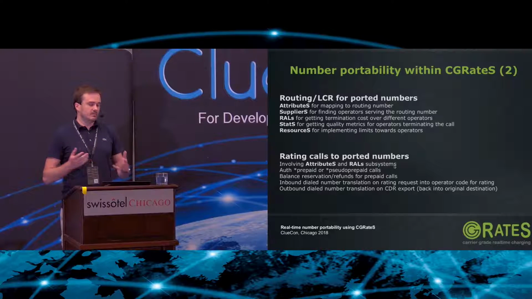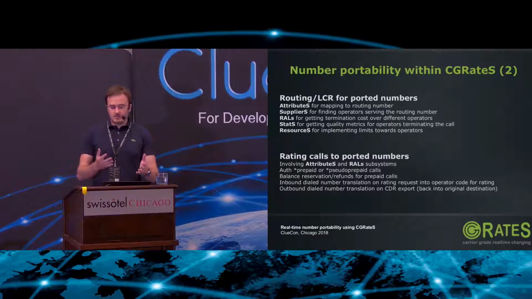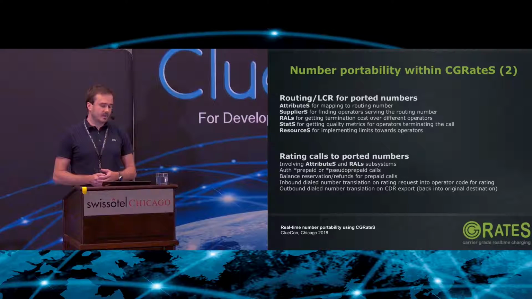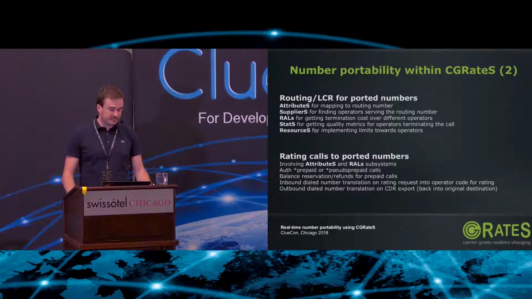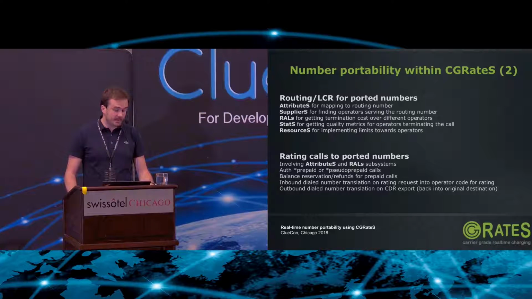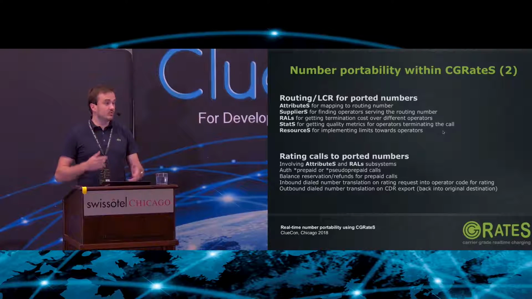In terms of how to, like a recipe, you can do routing or LCR for ported numbers using the following subsystems. Attributes for mapping to the routing number, suppliers for finding operators serving that number, RALs for getting termination cost over different operators, stats for getting quality metrics for operators terminating the call, so you can take decisions based on a large number of particularities.